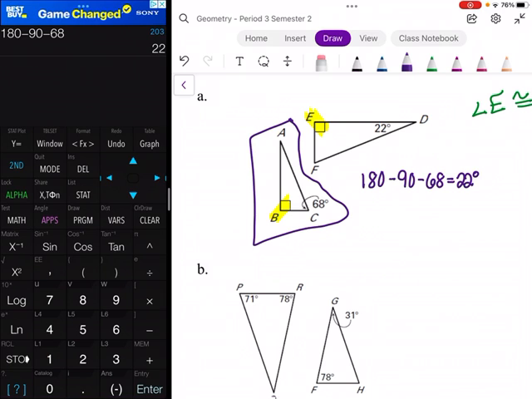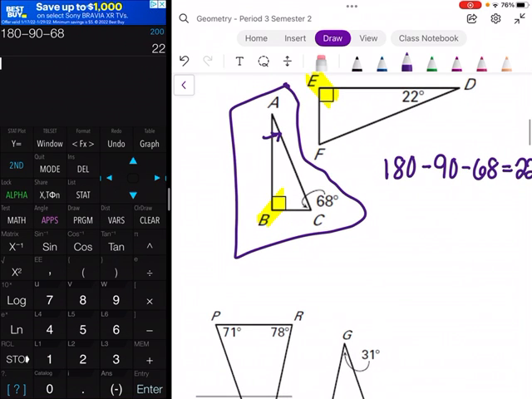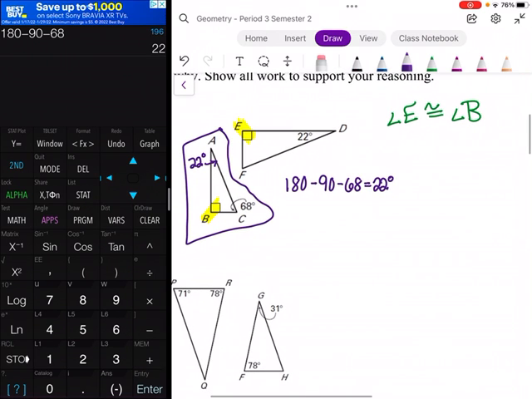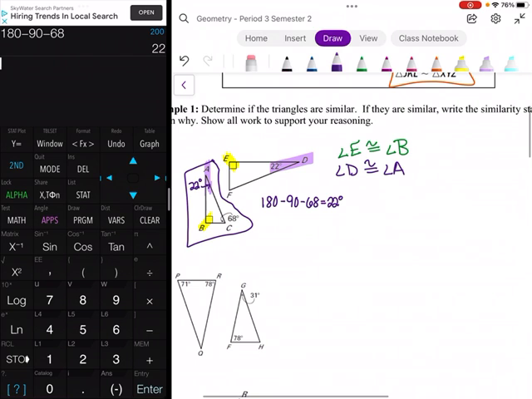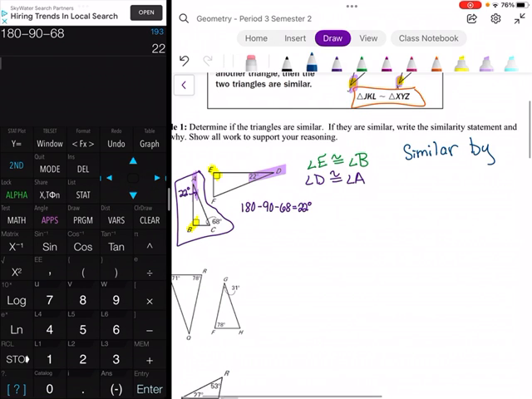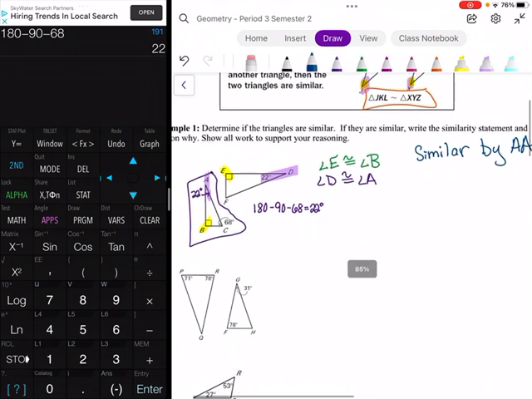So we know this angle A is 22 degrees. Now by finding that piece of information, we know that angle D is the same as angle A. And that gives us enough information to say, yes, these are similar. And they are similar by angle, angle, because we found those two angles are congruent.